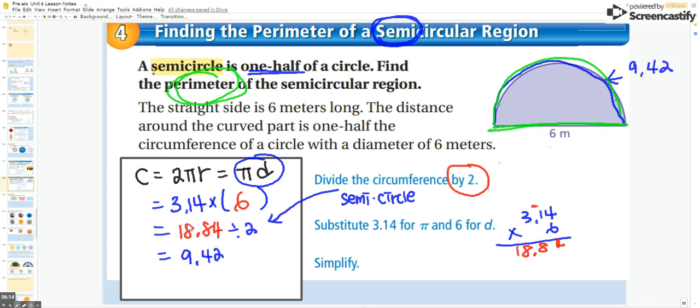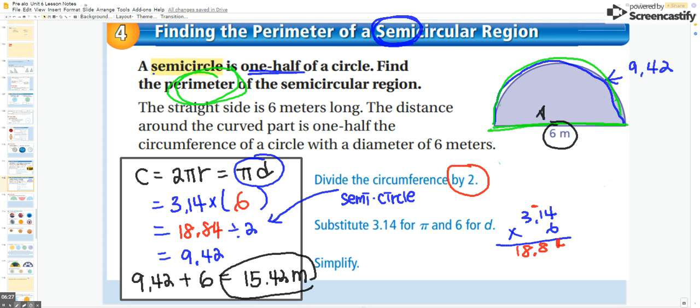So you're going to add 9.42 to 6. So the answer is going to be 15.42 meters. Don't forget to add the bottom part if you have to find the perimeter of this semicircle. After you find the half circumference, you're going to add the bottom.